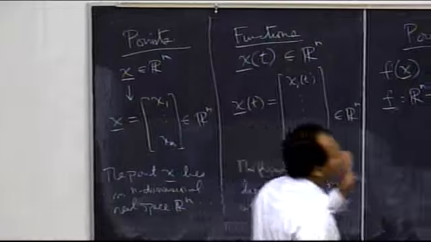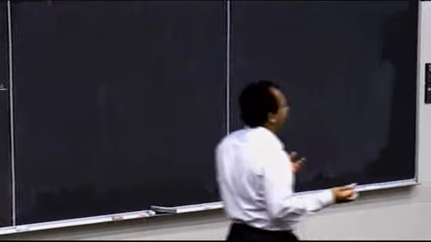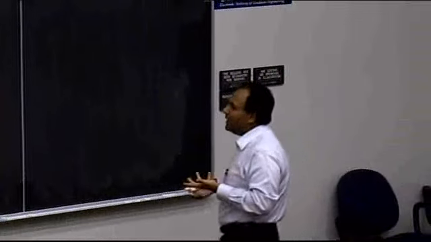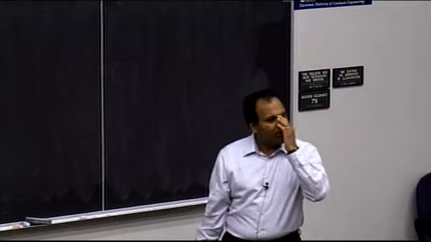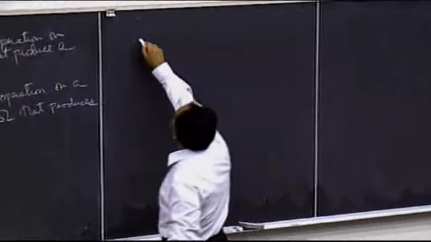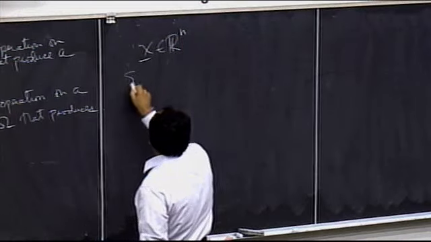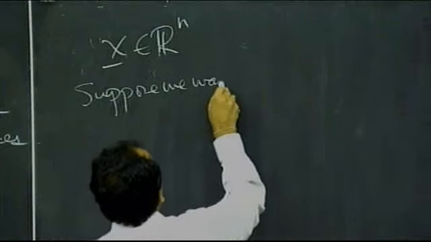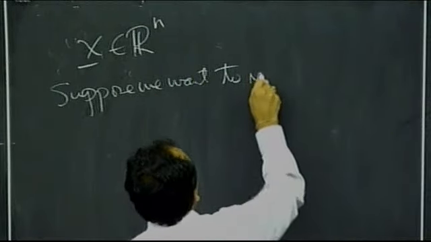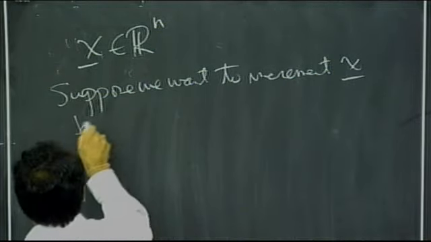Now, given this setup, we have to have a way of dealing with the next construct, which is: what does it mean to change a function? You know what it means to change a point. If I have a point, let's say x, which is an element of Rn, suppose we want to increment x by some amount.